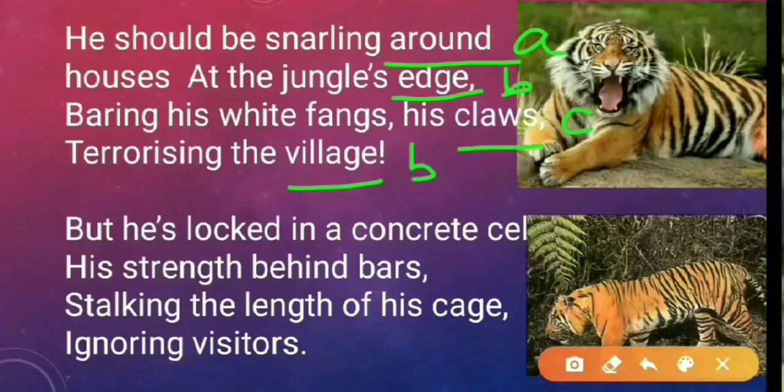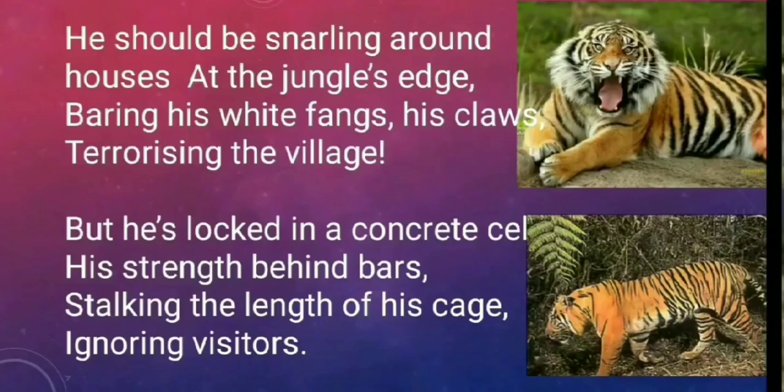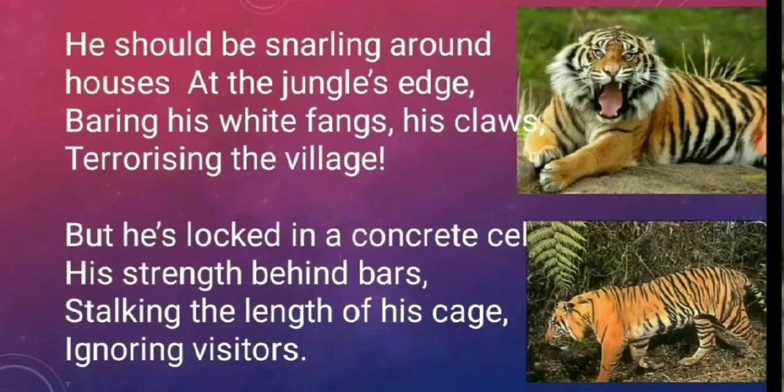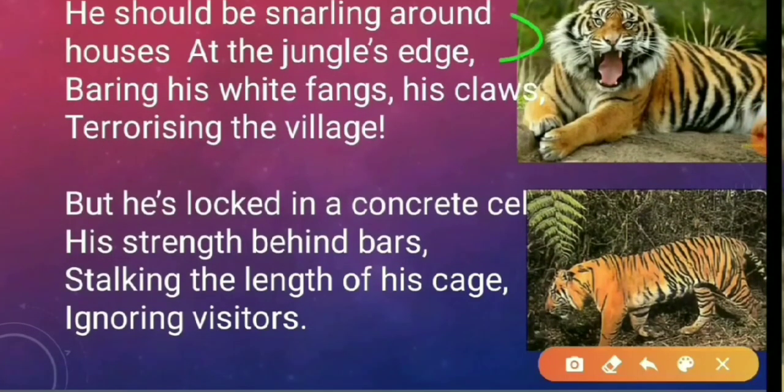Next is enjambment. You can see the line, first line, he should be snarling around houses at the jungle's edge. In these two lines, there is no comma. After the first line, there is no comma, no punctuation. You can say it is enjambment.